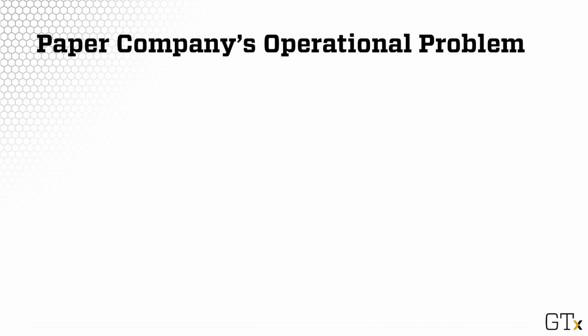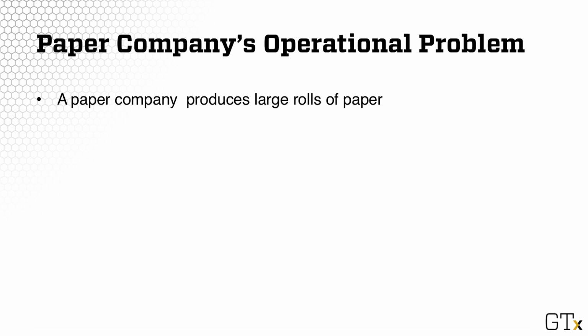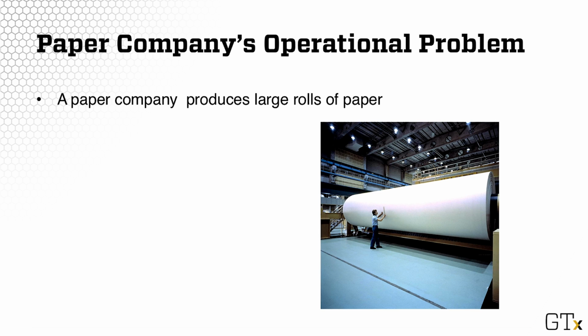All right, so let's first look at an example to set up the cutting stock problem. Imagine a paper company, a company that produces a large amount of paper. The company produces large rolls of paper, and a single individual can use this large roll. But for production economy, the paper is produced in large quantity, in very large rolls.